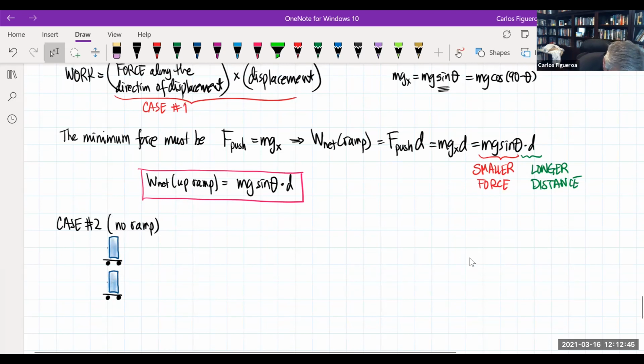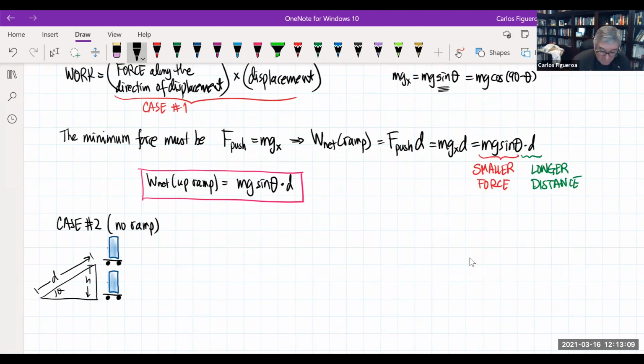So when you're looking at this thing here, here's my incline. So you're moving it up this far. And how high are you moving it up? Well, we know that this is d, we know this is theta, and we know that that guy is h right there.